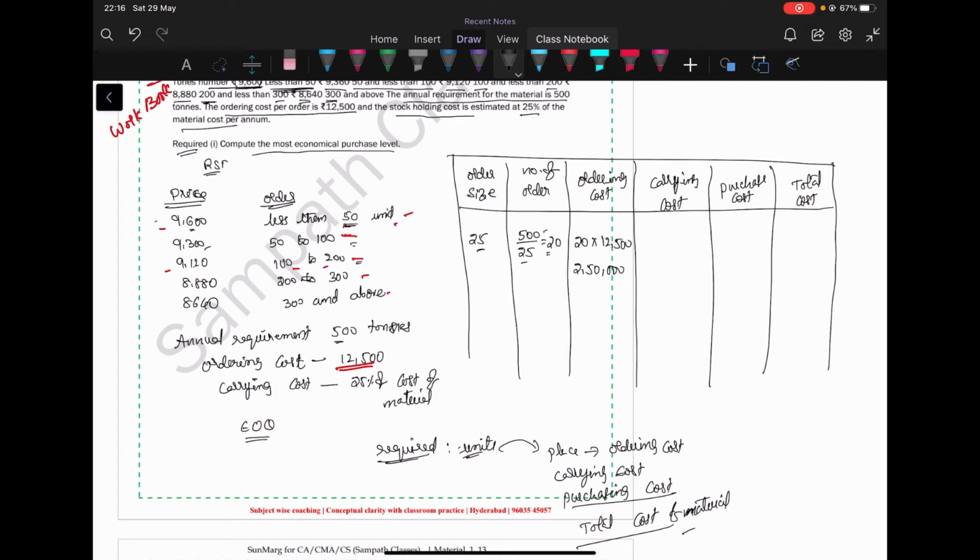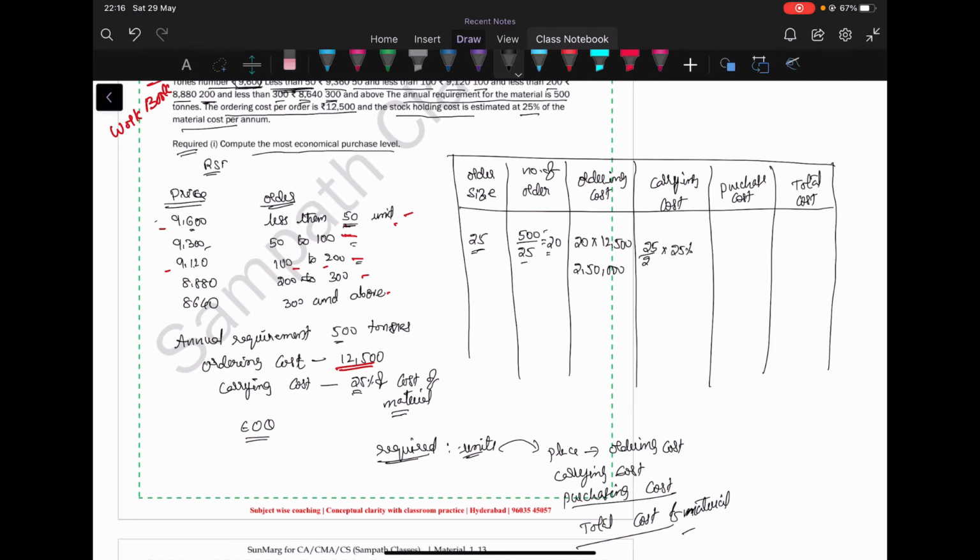And I need to carry the material with me. I am placing the request for 25 units, so on average I am carrying 25 divided by 2. What is the carrying cost? That is 25%, on the cost of material.